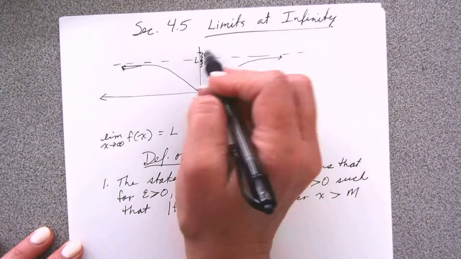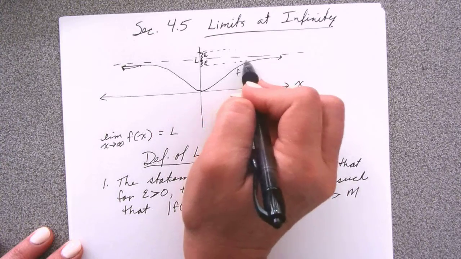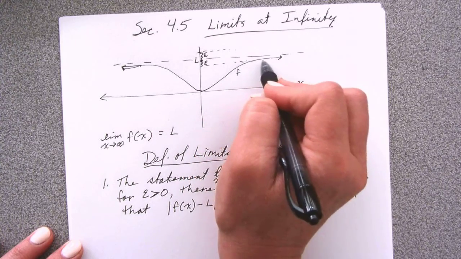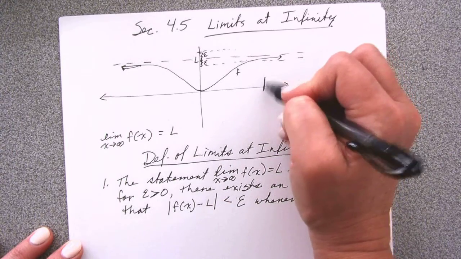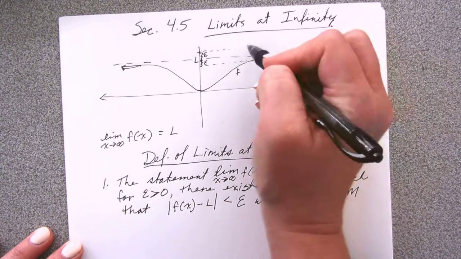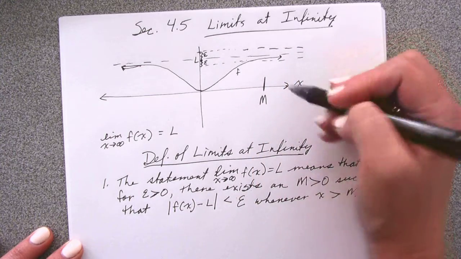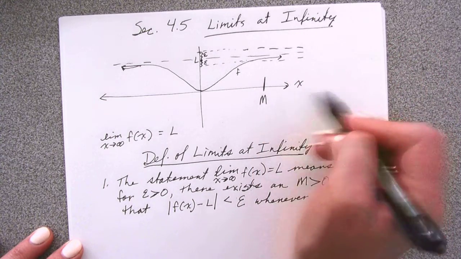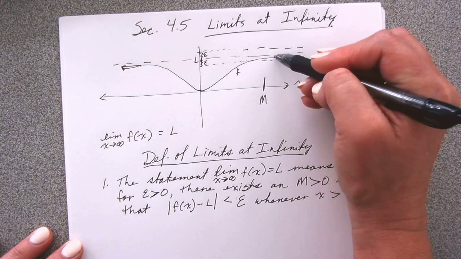What it's saying is, as we pick some value out here, m, and we say as long as the x value that I pick is greater than m, as long as it's out here, then the distance between the function and the limit is inside of that range. So it's less than epsilon.